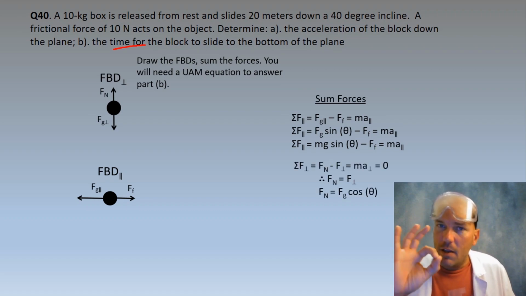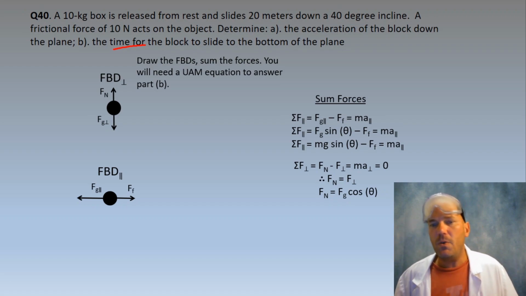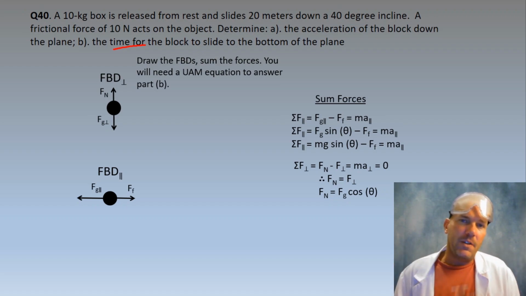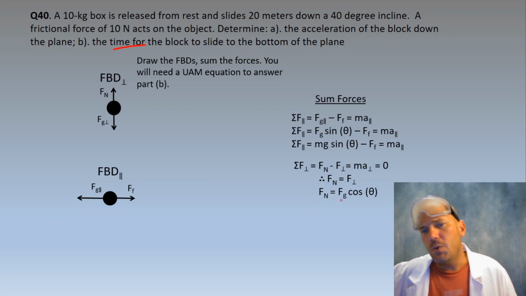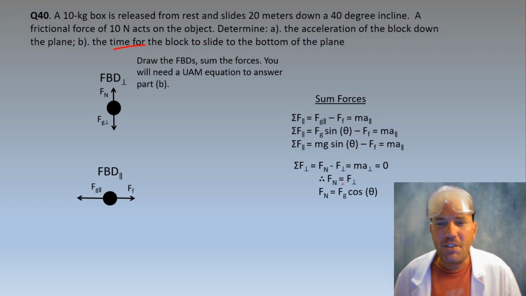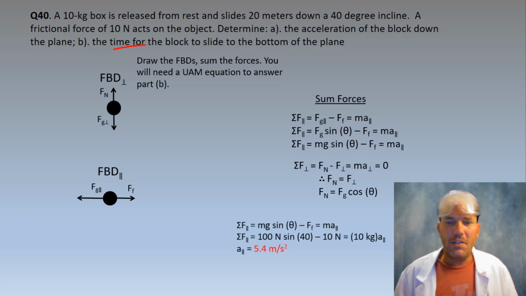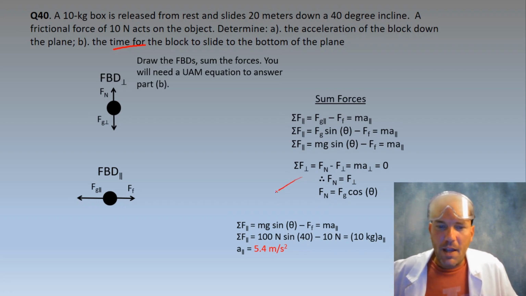That's okay. We're going to stop there. We're going to move to the perpendicular components and sum those up. Once we've done that, we find force normal is equal to mg cosine theta once again. Well, that's some good information for us, because that will allow us to take some of this and apply it to our parallel piece.